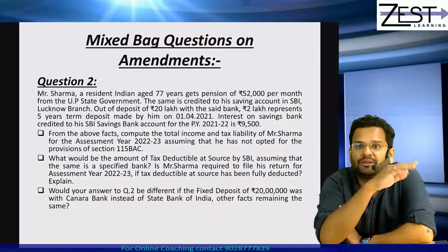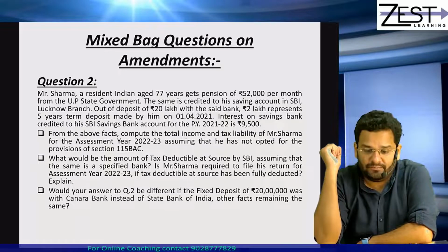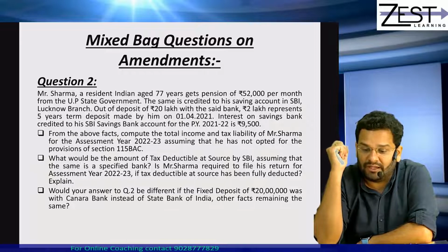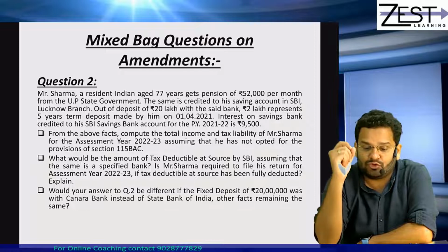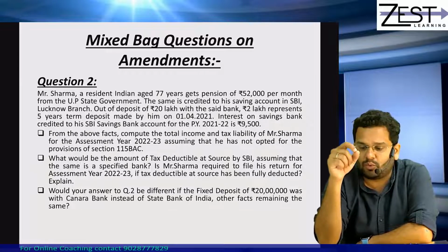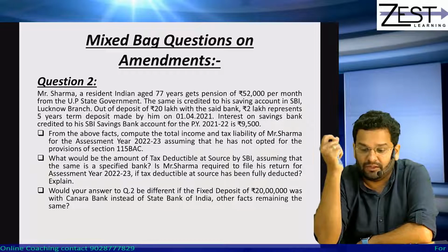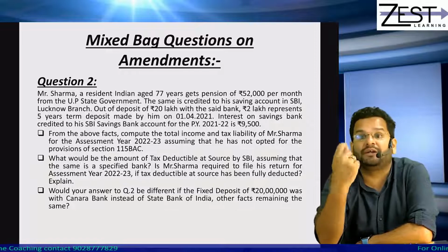ओके, तो टैक्स लायबिलिटी निकालेंगे. उसके बाद पूछा है, what would be the amount of TDS by SBI assuming that the same is a specified bank? Is Mr. Sharma required to file his return for AY 22-23 if tax deductible at source has been fully deducted?